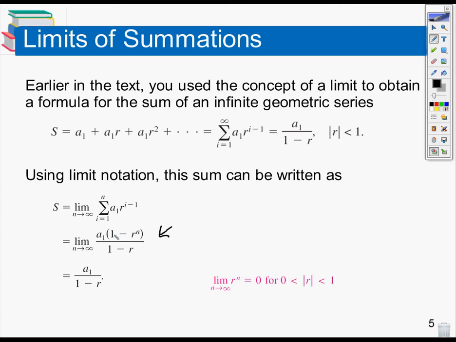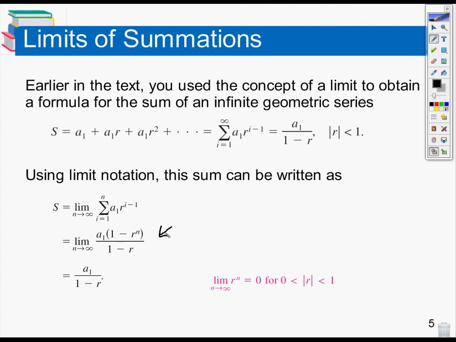The only variation we're going to do is say, if I'm looking for the limit as n approaches infinity, how does that affect this formula? Well, the only n in this formula is this exponent right here. And r values, when they're between 0 and 1, are fractions.